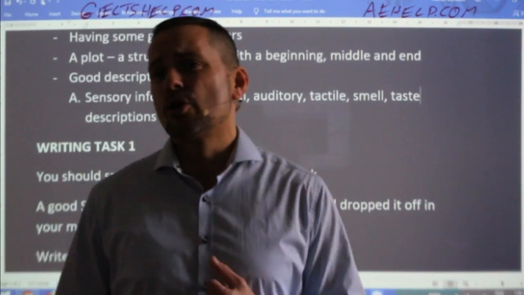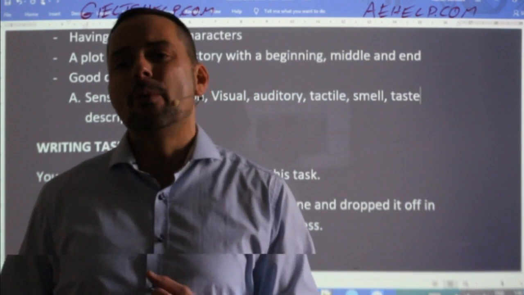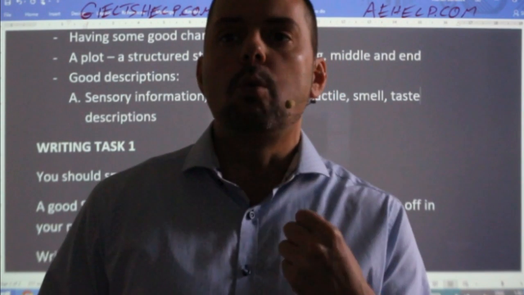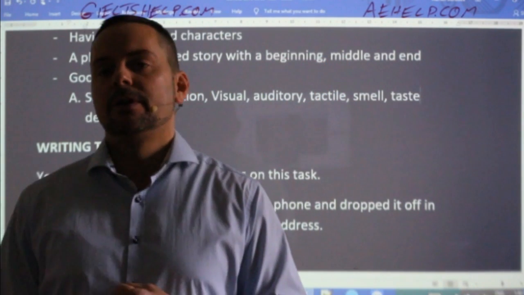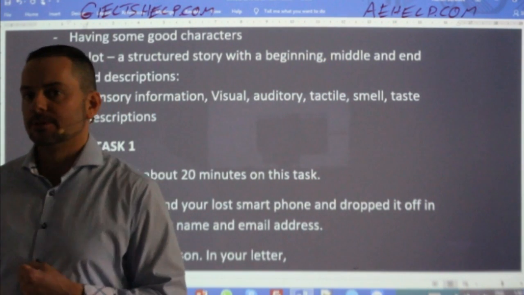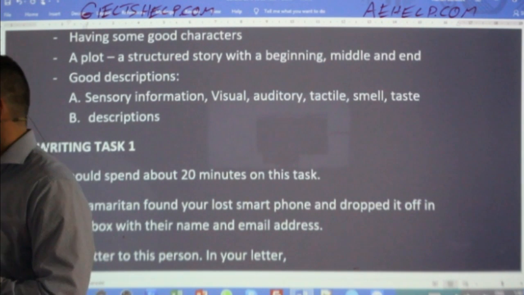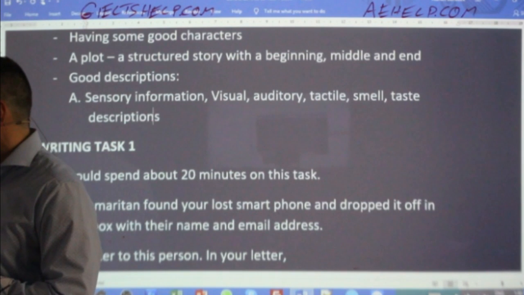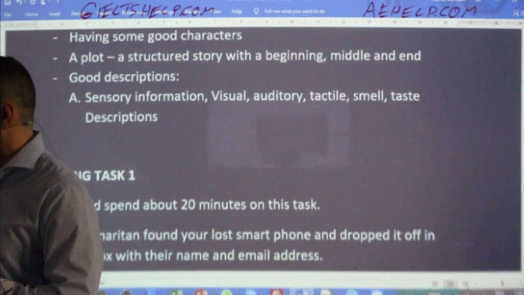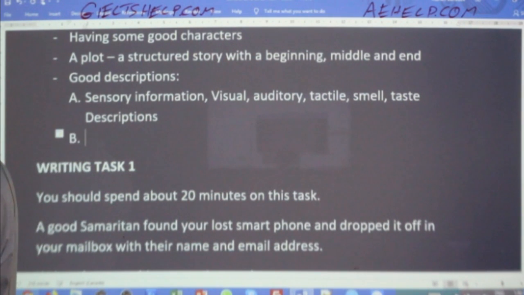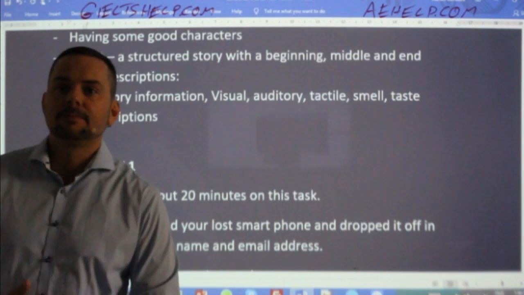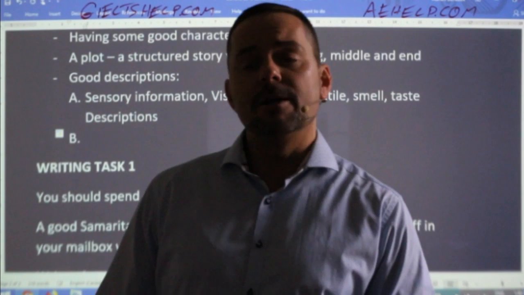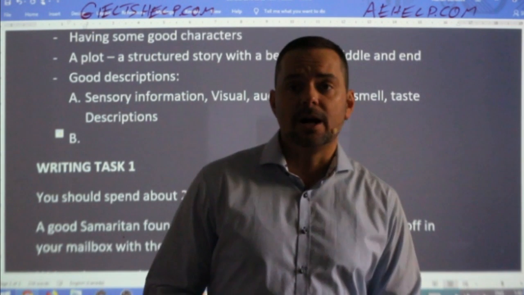If you're thinking about grammar, what kind of grammar can increase the descriptive quality of the information? Marina, good. So Marina says use lots of adjectives. Kyber says use a variety of tenses as well. Absolutely.